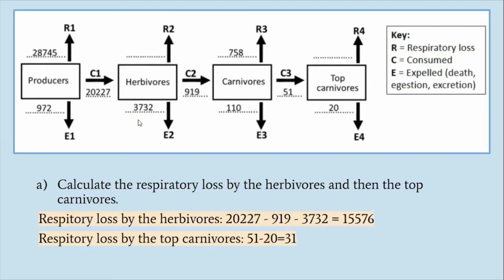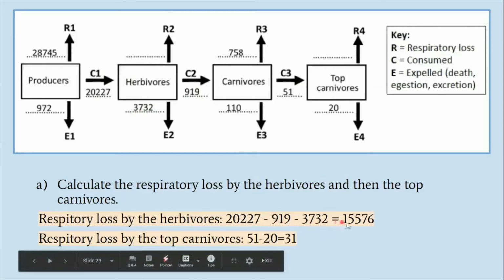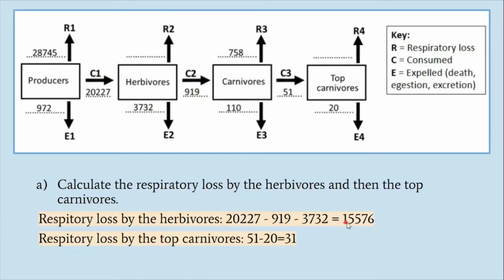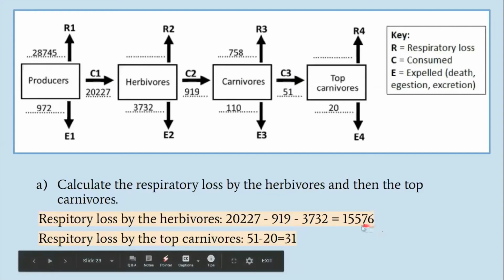When we look here, 919 units of energy is available to the carnivore. So this must be the biomass within the herbivore. So we are going to do 20,227 minus 3,732 minus 919, and that will give us 15,576 units of energy. So this is the answer for R2.